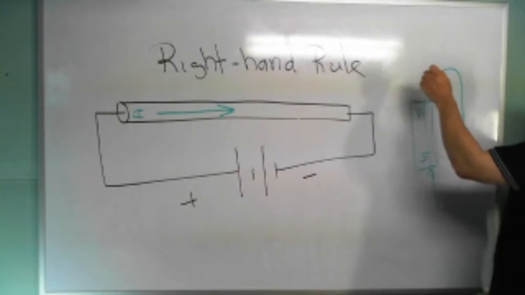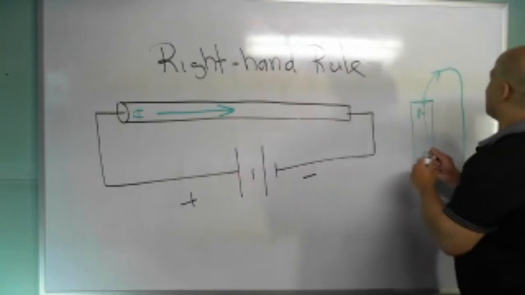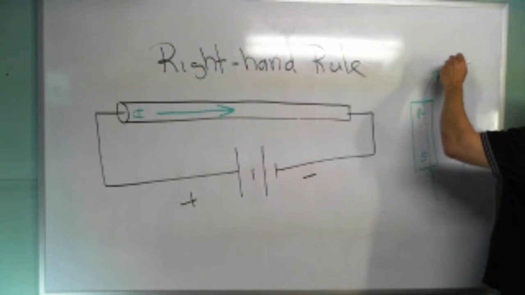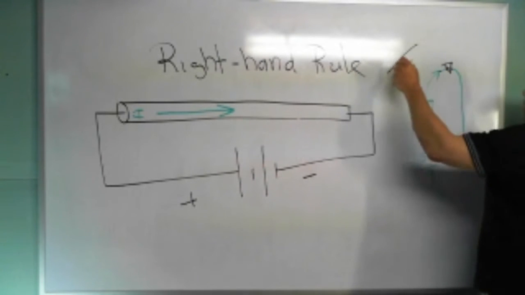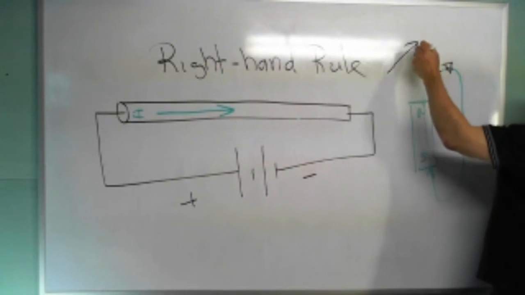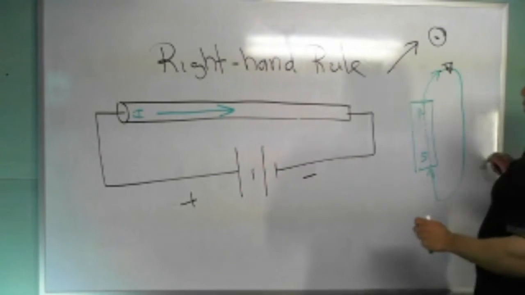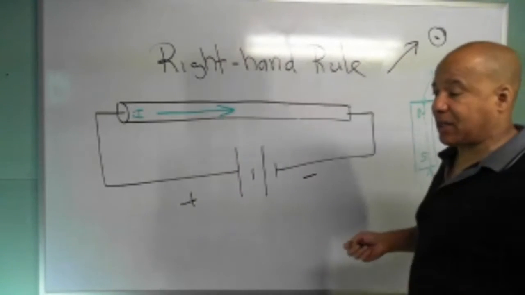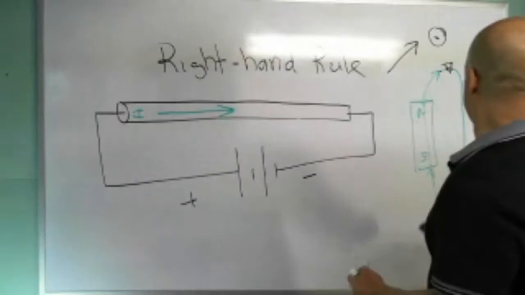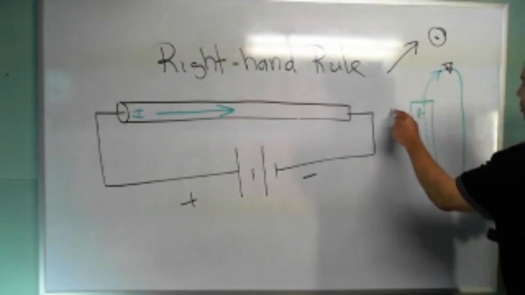So if you're looking at this, if this is your eyeball, you see that north pole coming towards you. What you see is this. So I'm going to represent this magnet basically with an arrow. I'm going to say that this is the same as this.